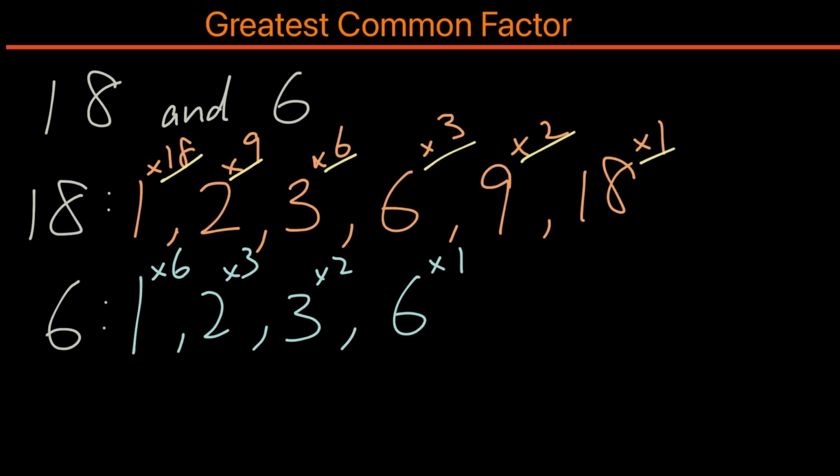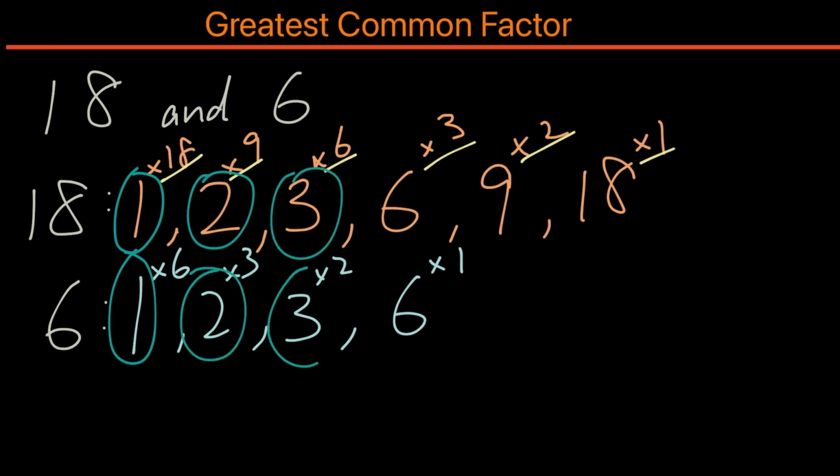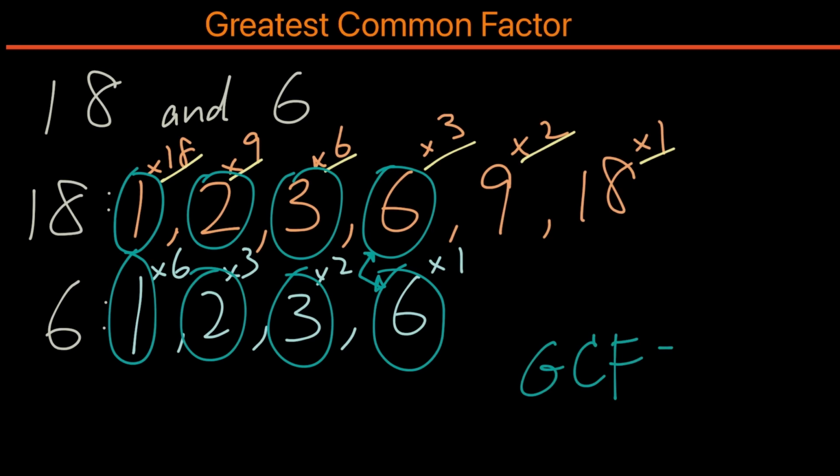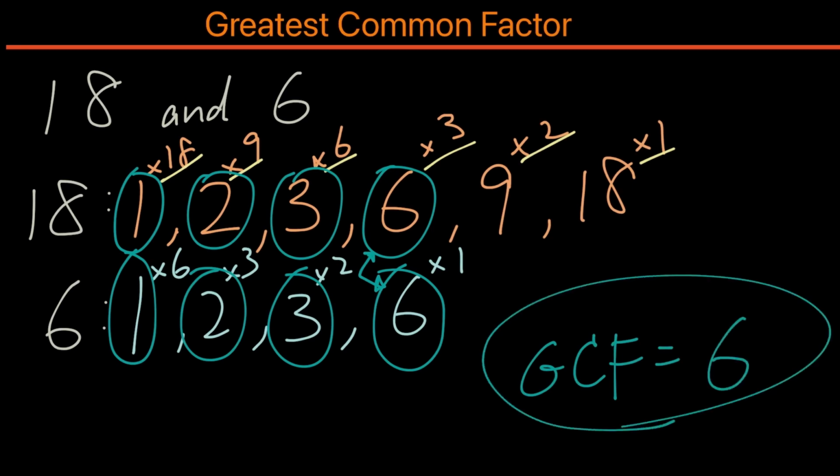We have 1, 2, 3, 6, and it looks like 6 is the greatest common factor that we could find from both numbers. So the GCF, greatest common factor, in this case is 6.